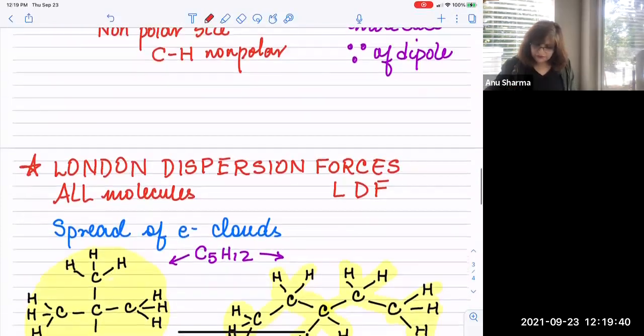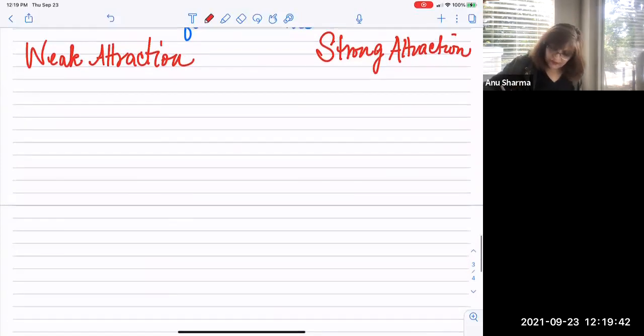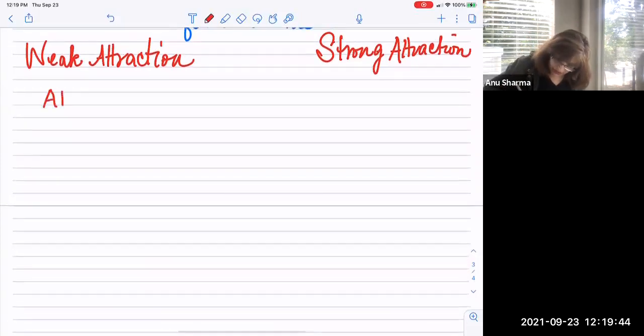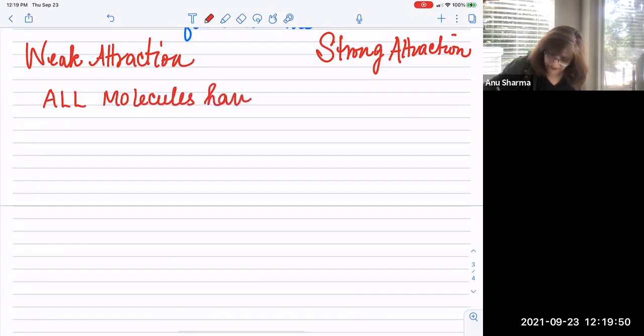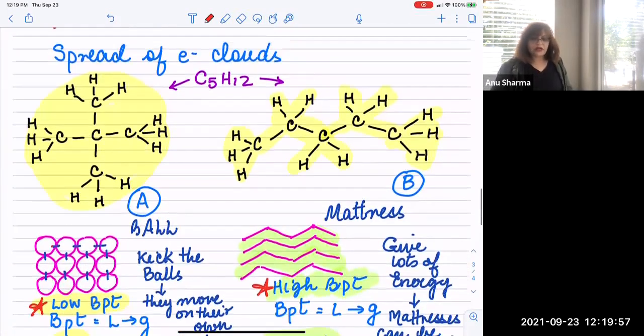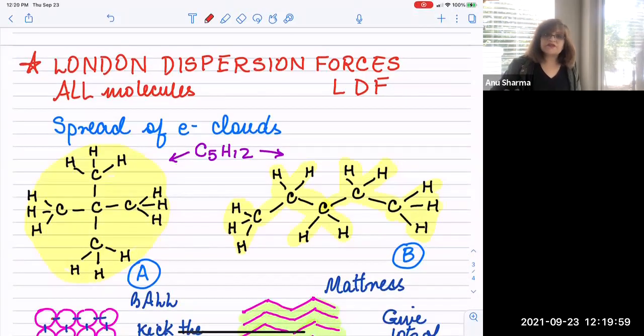Now comes the last part. Keep this in mind that all molecules have London dispersion forces, because it's just a spread of the electron cloud which determines the properties of these molecules.